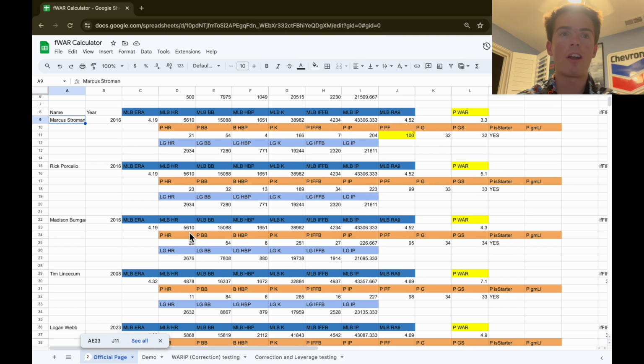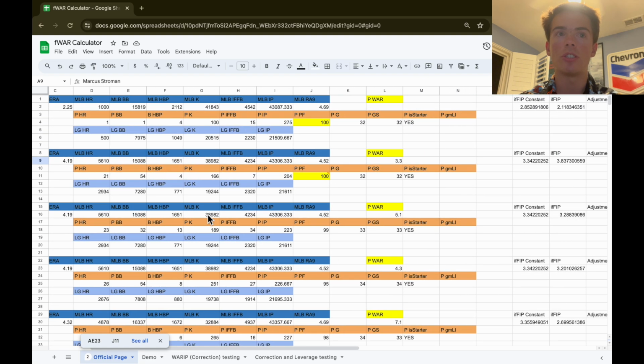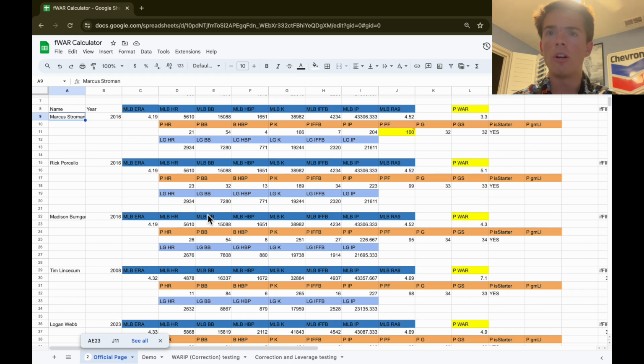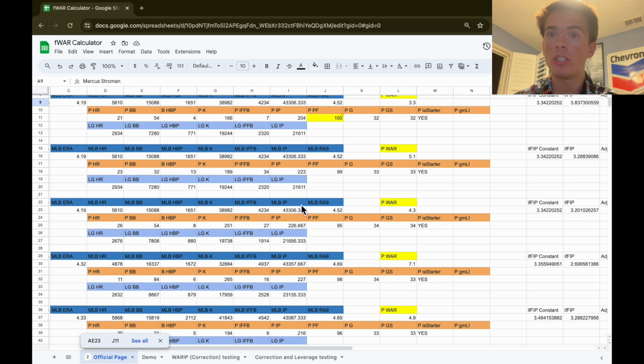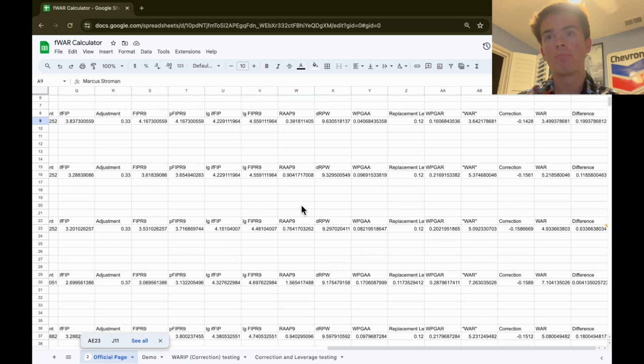We did a lot of other examples, like Rick Porcello, Madison Bumgarner, but all these examples were taken deliberately from 2016 just to see whether this value of WAR is consistent across Major League Baseball. And you'll see in this one I actually got slightly closer. I wasn't off by 0.2, I was off by 0.199, and that's because I was using a different value.